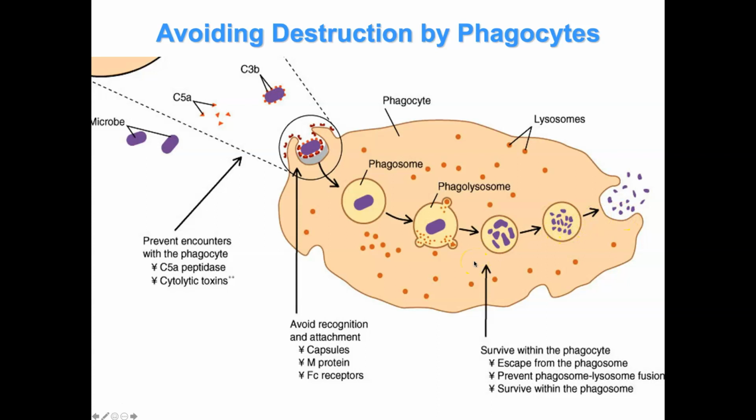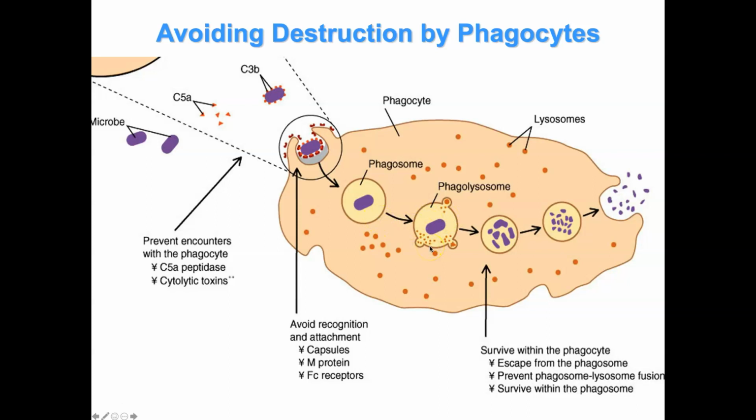Well, guess what? There are microorganisms that are able to evade every single step that we just outlined. In fact, there are microorganisms that will prevent this initial step, the encounter with the phagocyte. Can you think of a way that pathogens can evade even being phagocytosed? Capsule, that's right. And there are microorganisms that will evade being in this phagolysosome or phagosome.